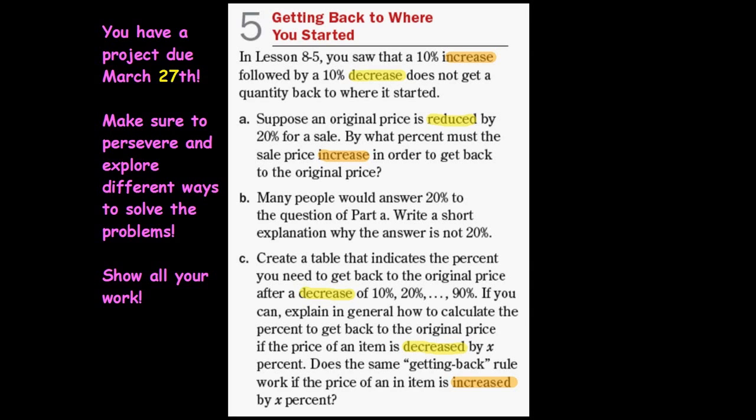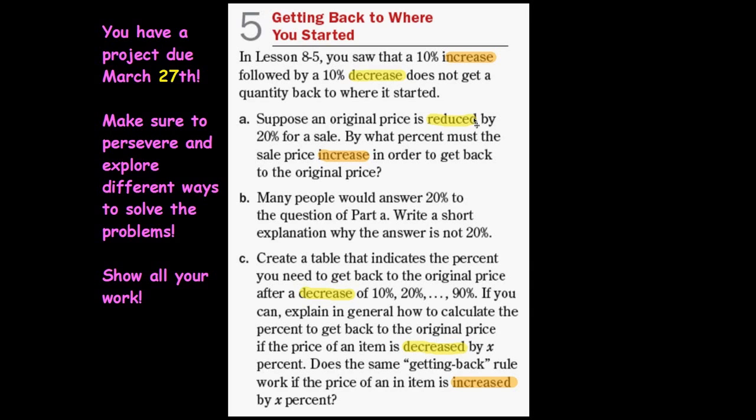Okay, so let's look at the questions again for the project, and really take a moment to take notice of the order that it says increase and decrease. So what we just reviewed was what to do if there's a 10% increase followed by a 10% decrease.